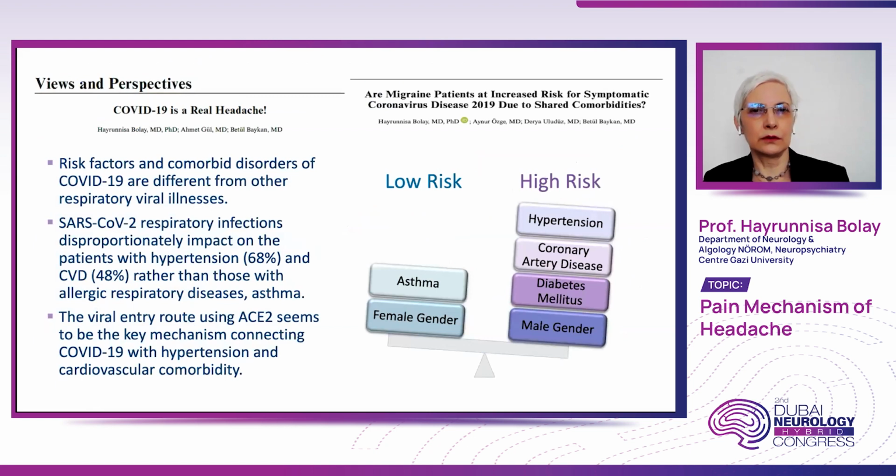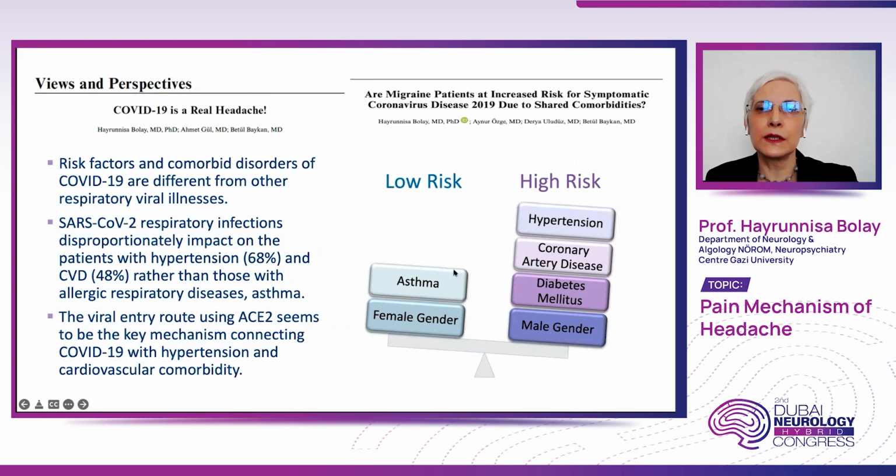And we also noticed that the risk factors and comorbid disorders of COVID-19 are different from other respiratory viral illnesses. These infections disproportionately impact patients with hypertension, like 68%, and cardiovascular diseases, compared to allergic respiratory diseases such as asthma.